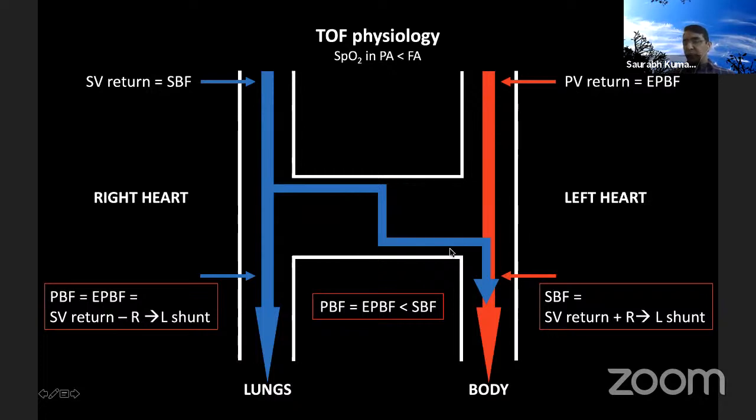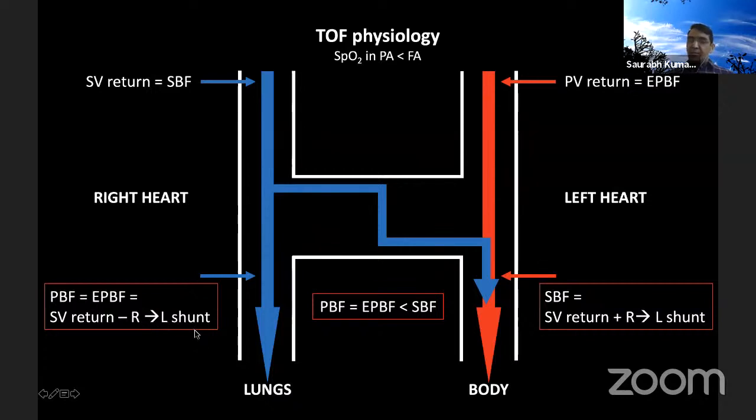So this right to left shunt, in addition to causing desaturation, is also stealing away blood to the systemic circulation, thereby reducing the effective pulmonary blood flow. So effective pulmonary blood flow in this case is not equal to systemic venous return, but is actually systemic venous return minus right to left shunt.